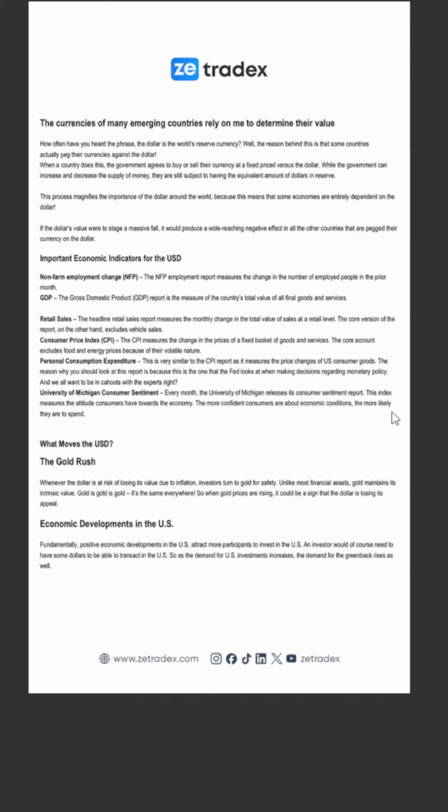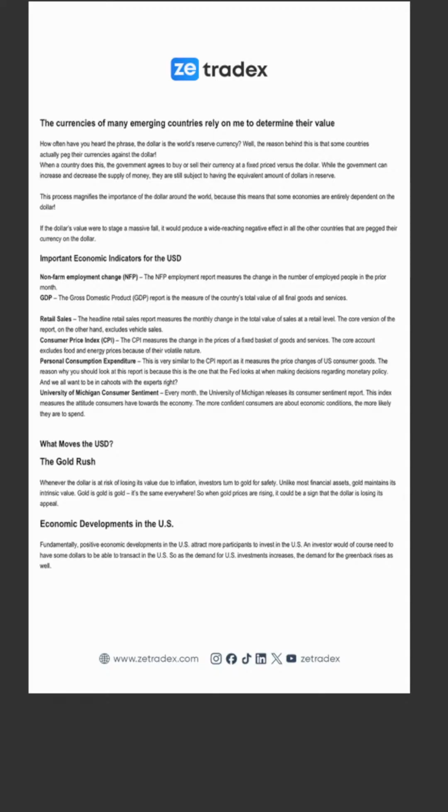Then there is personal consumption expenditure, PCE, which is very similar to CPI. It measures the price changes of US consumer goods. The reason you should look at this report is that it is the one experts first look at when making decisions regarding monetary policy, and we all want to be in such company.